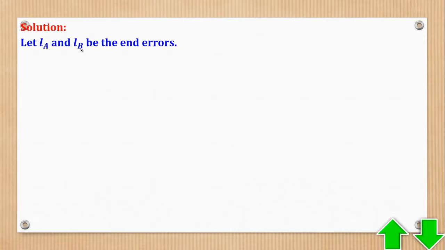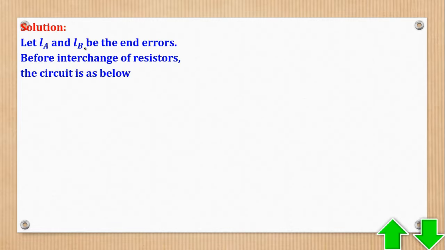So let LA and LB be the end errors. Before interchanging, let's get a sketch diagram for you to understand this.